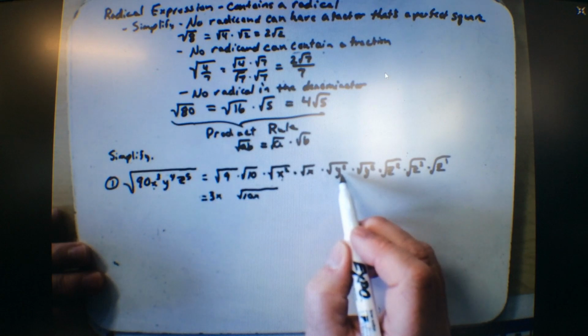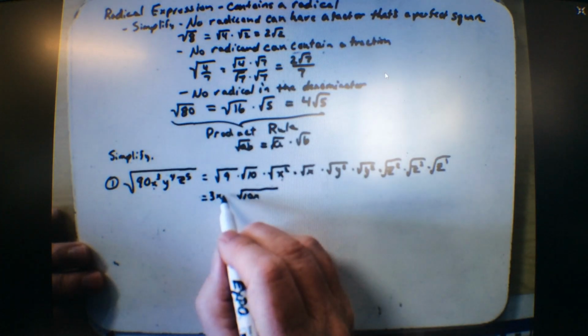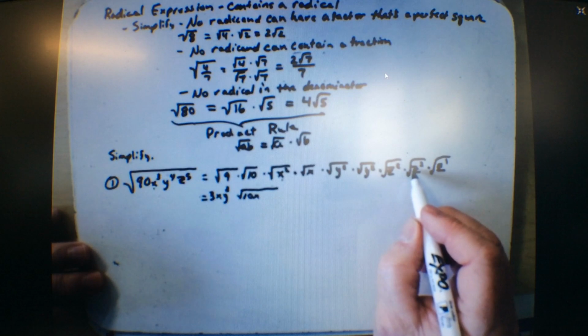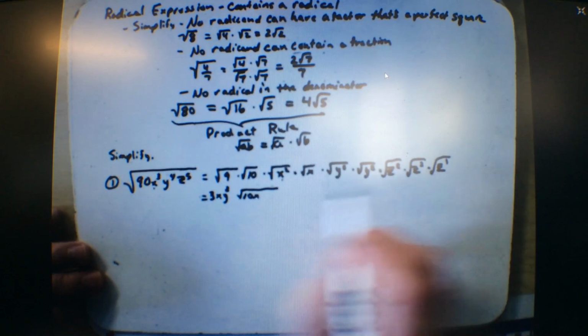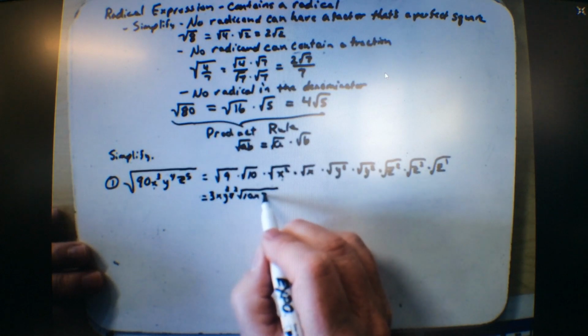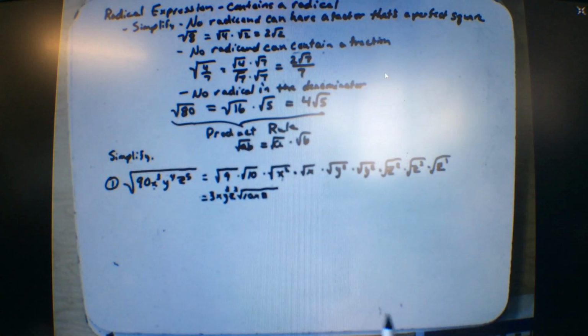What's this y? Y, and this is y. Y times y is y squared. How many z's? Z squared. This is a z. This is a z. So that's z squared, and there's 1 left inside. Now, that's not very fun, is it?